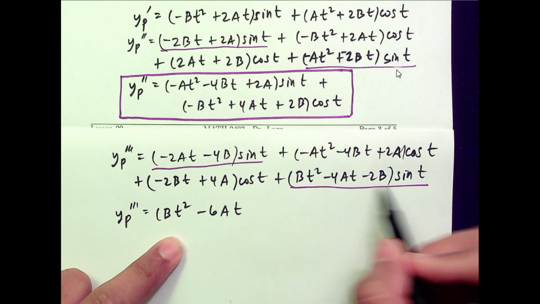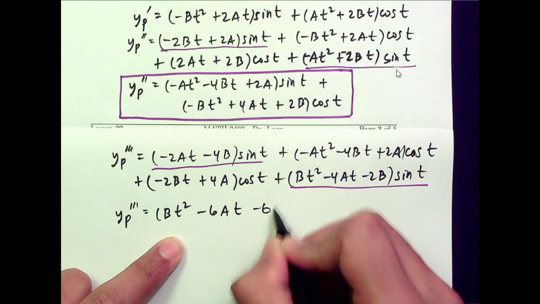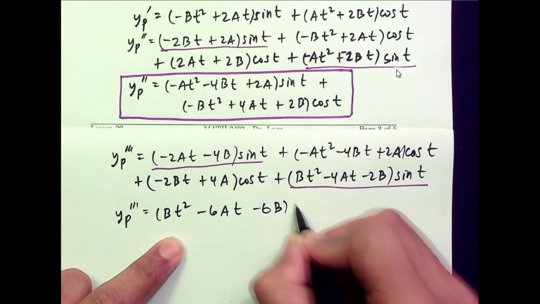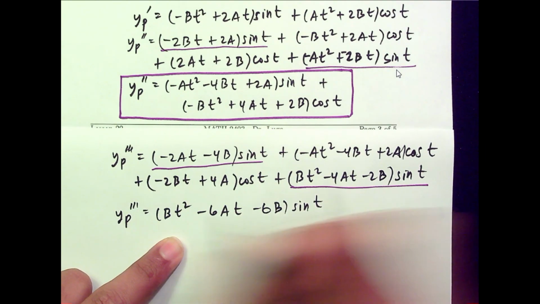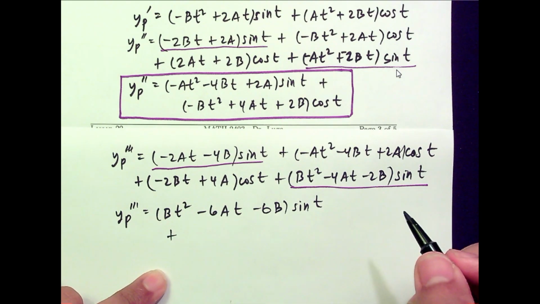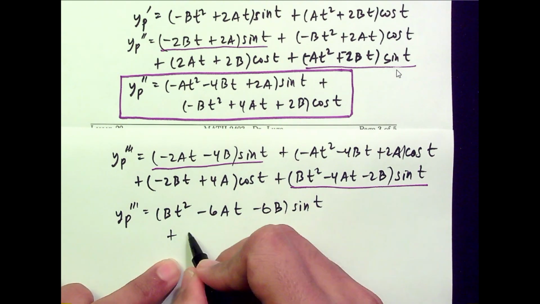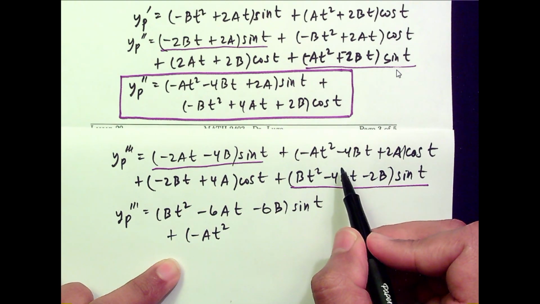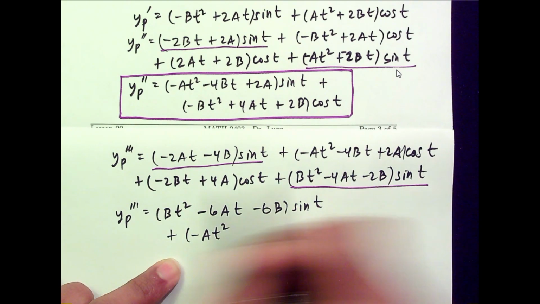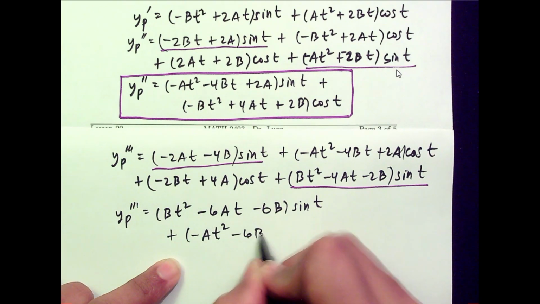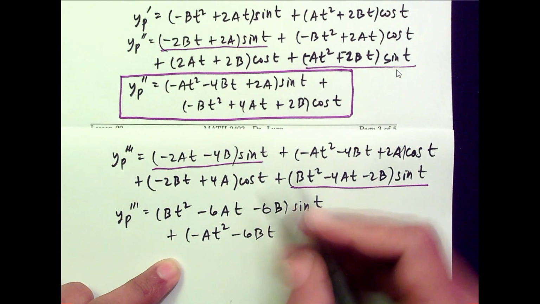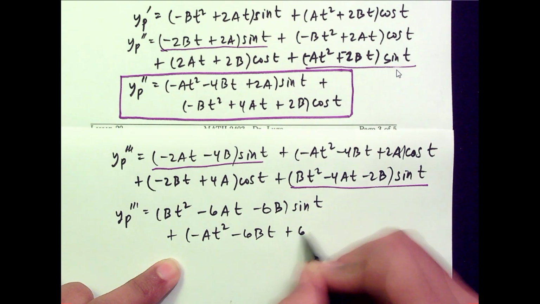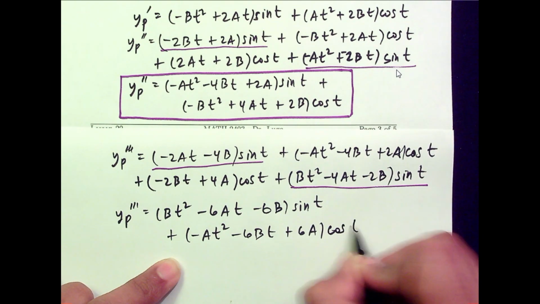And then negative 2b and negative 4b is negative 6b sine of t. And now let's combine the cosines. You have negative a t squared, minus 4bt minus 2bt is negative 6bt, 2a and 4a is positive 6a, cosine of t.